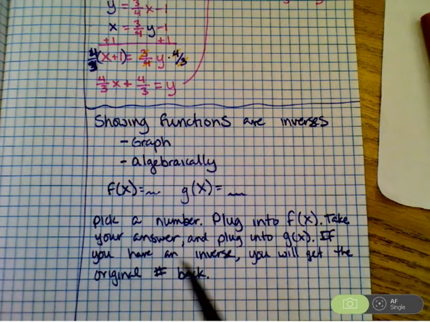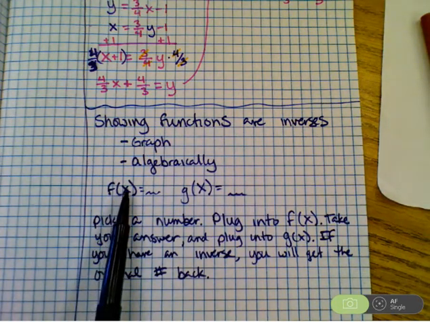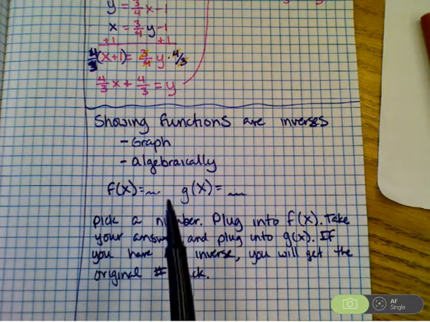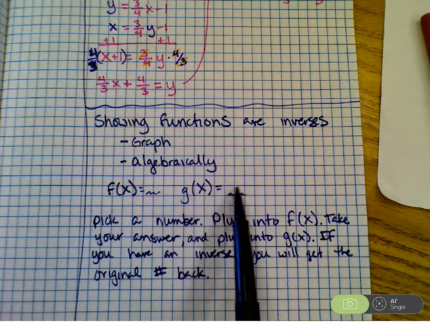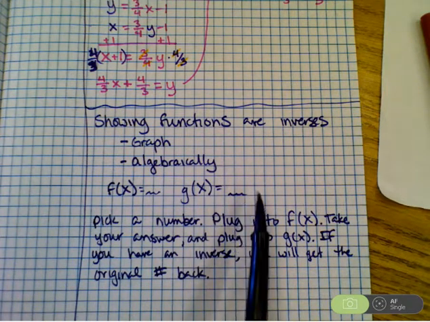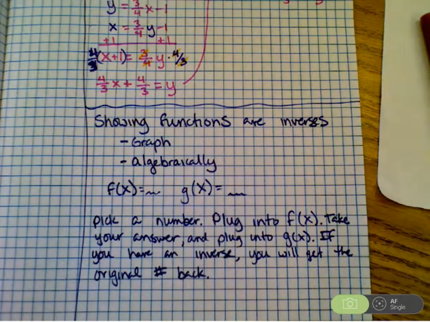So say you pick 3. Plug 3 into f of x, do the algebra, see what you get. You get 7. So you take 7, you plug it into g of x. You do the algebra again. Remember we started with 3. If we get a 3 back in g of x, we have an inverse. If we don't get a 3 back, we don't.